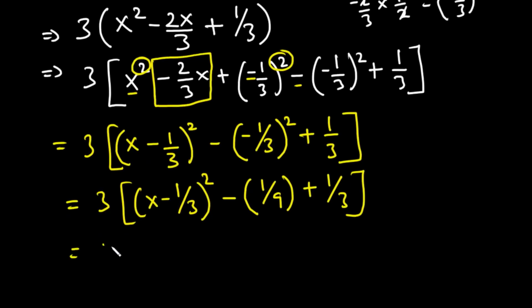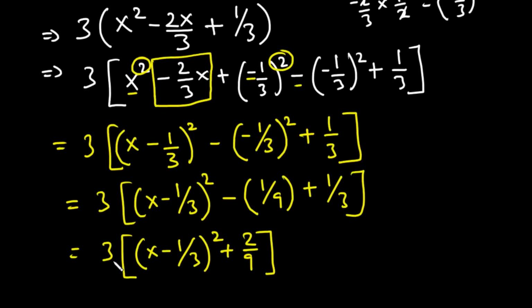So it's going to be 3 brackets open x minus 1 divided by 3 all squared, and -1/9 plus 1/3 is 2/9.